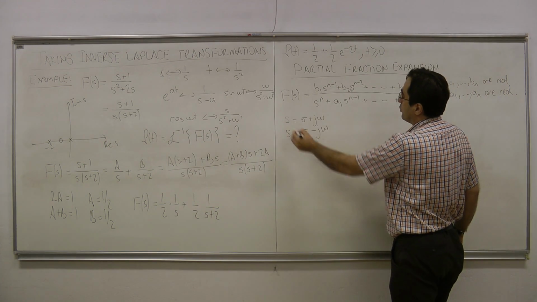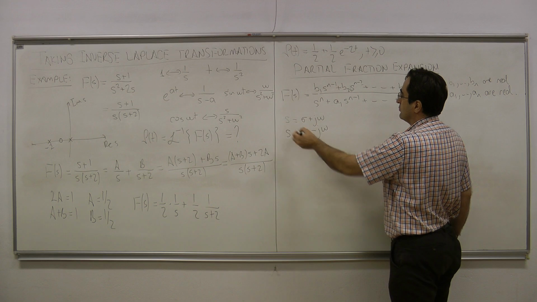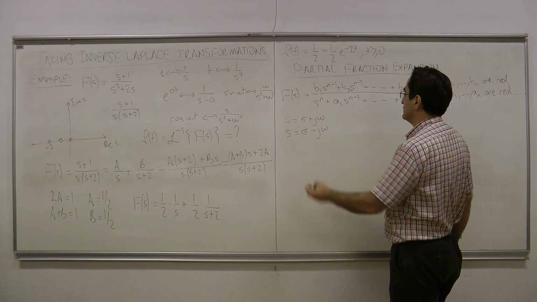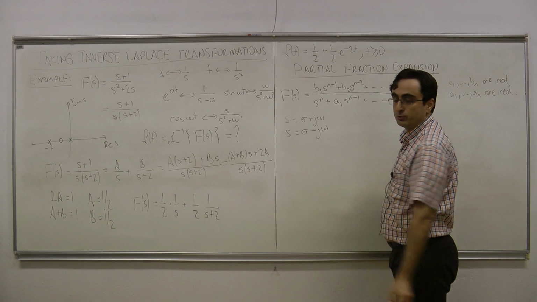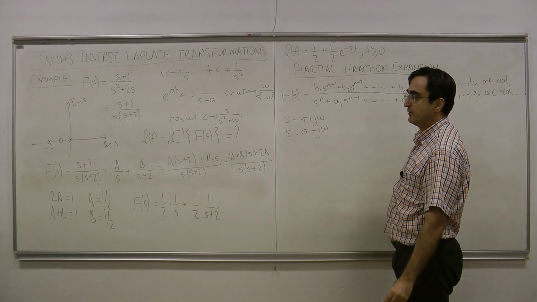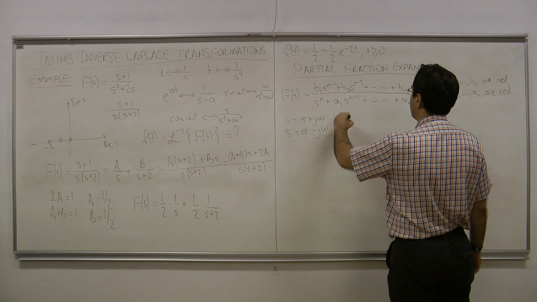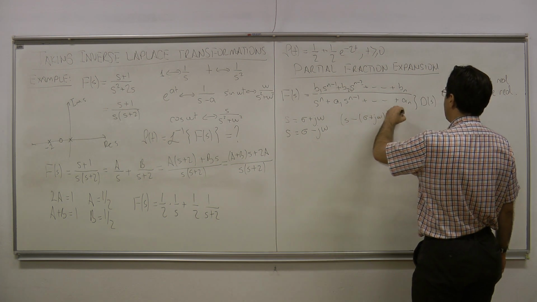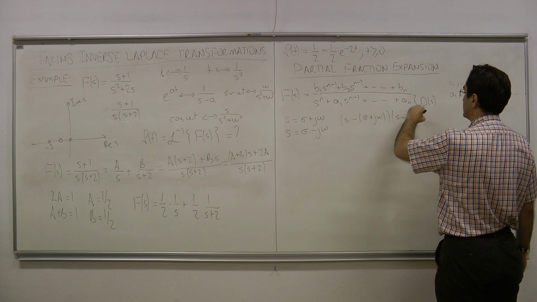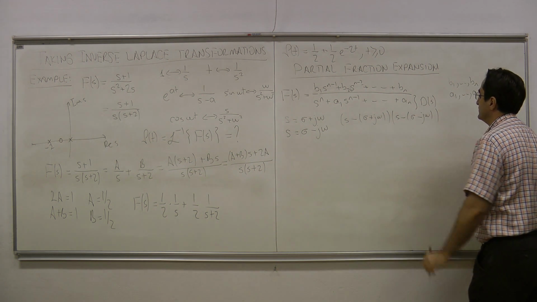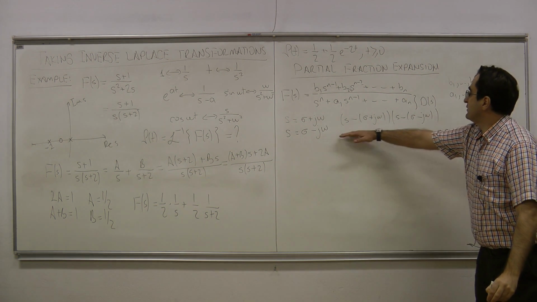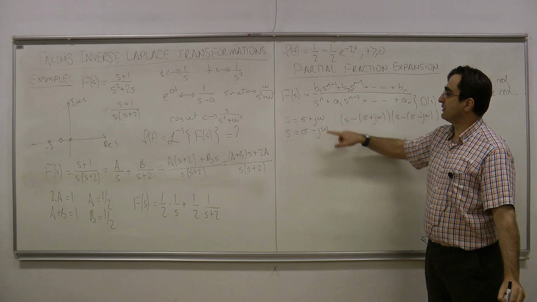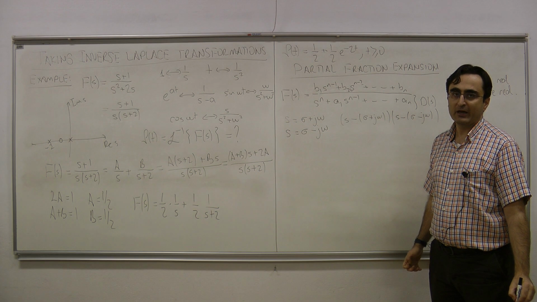So here, what would a polynomial having these roots look like? I have to think about this. I have to write s minus the first pole and s minus the second pole, s minus sigma minus j omega. So this second order polynomial will have roots sigma plus j omega and sigma minus j omega.